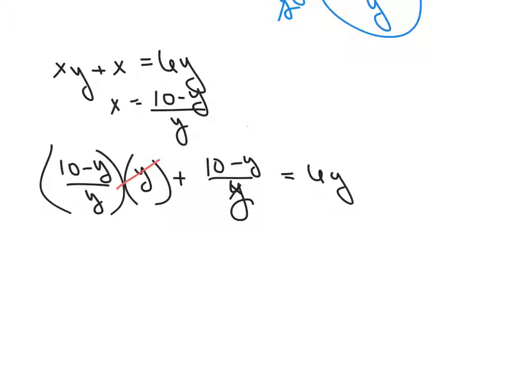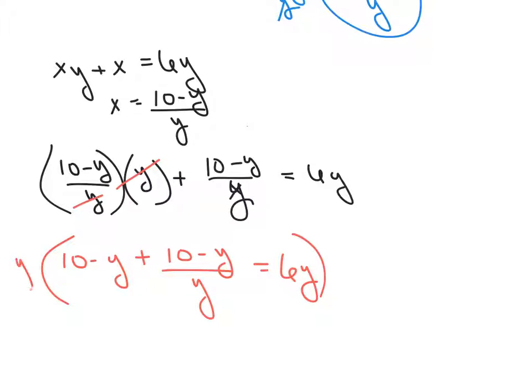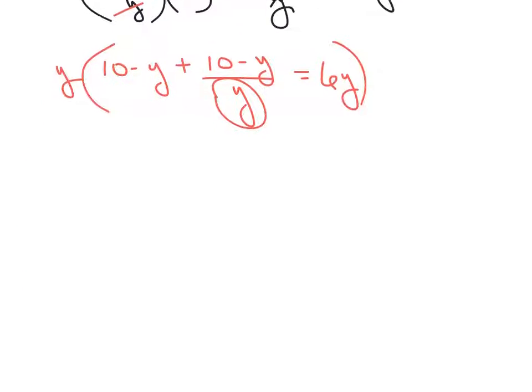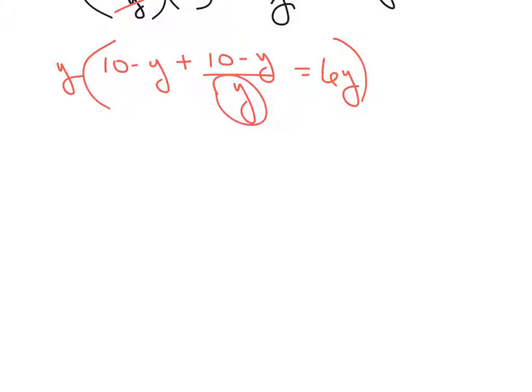Okay, so this y and this y will cancel. So I have 10 minus y plus 10 minus y over y equals 6y. Okay, so you're ready to multiply the entire kit and caboodle by y in order to get rid of that. Alright, so let's move stuff up and let's do that.